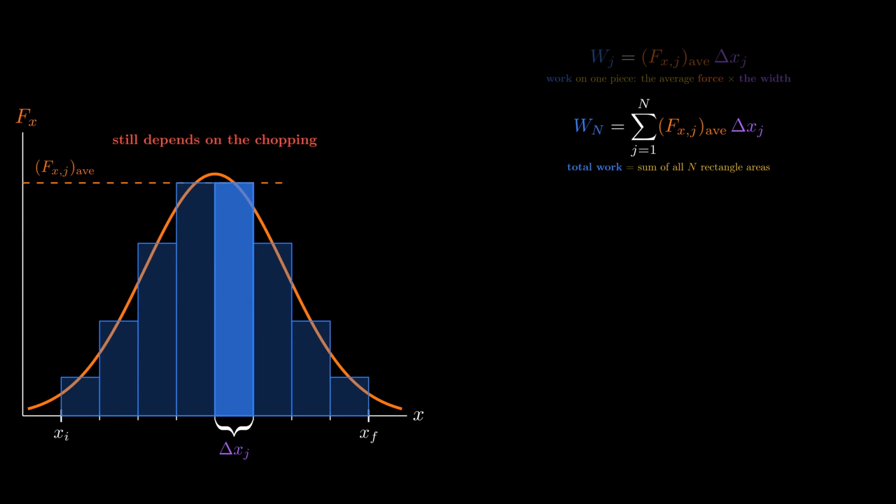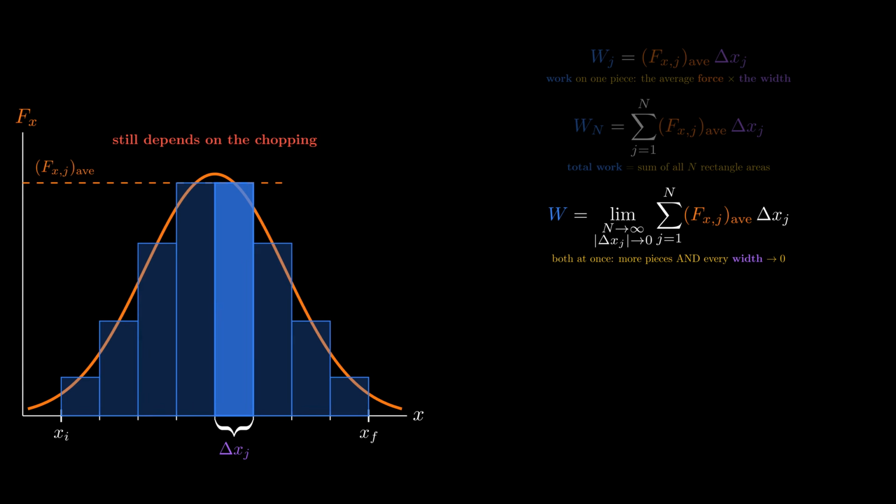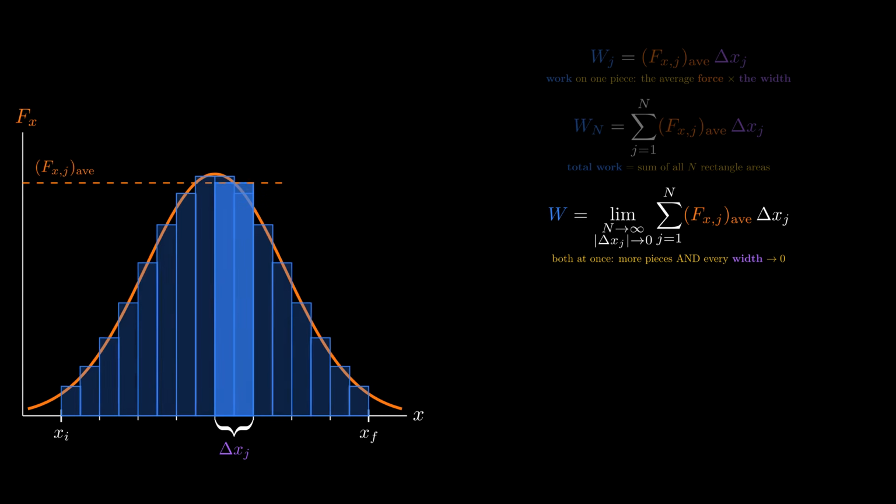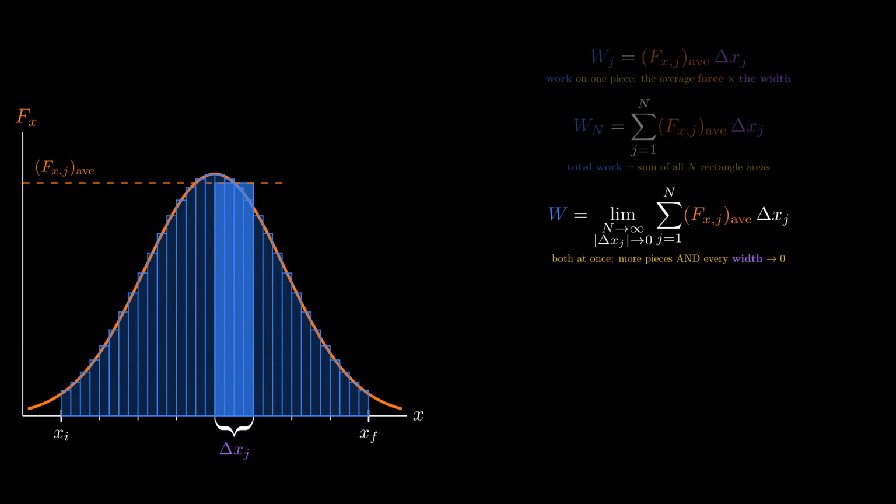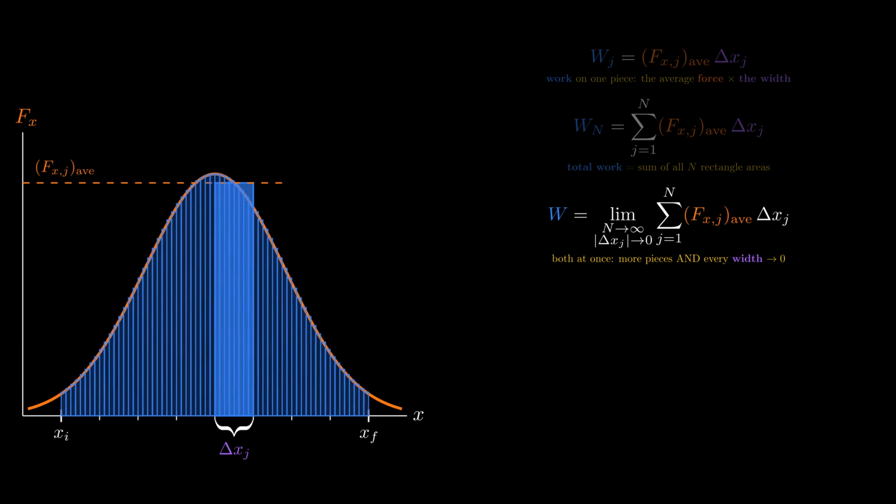But that sum still depends on how we chopped, on the number of pieces and on their widths. To get a quantity independent of the chopping, take the limit as n goes to infinity while every width shrinks to 0, both conditions together. In that limit, the staircase of rectangles hugs the curve exactly, and the sum becomes the definite integral of the force component with respect to position.